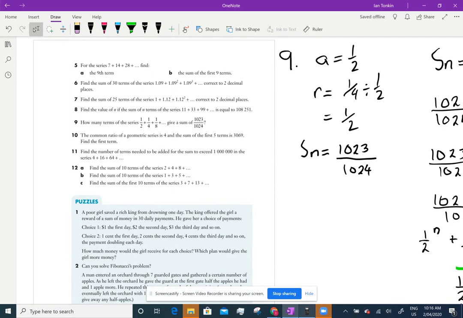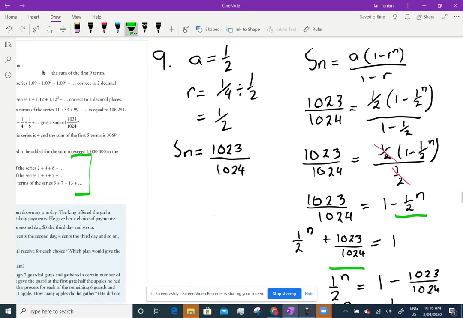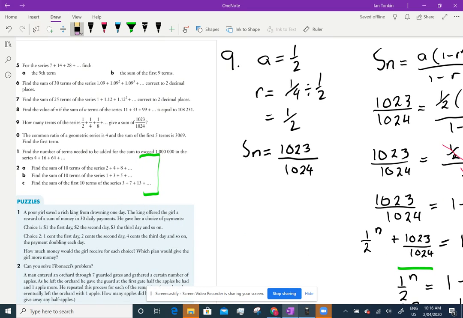All right, so you should be finding these reasonably easy. If you're having any problems, someone has asked about question 12, and it is a little tricky, but let's have a look at it nonetheless.